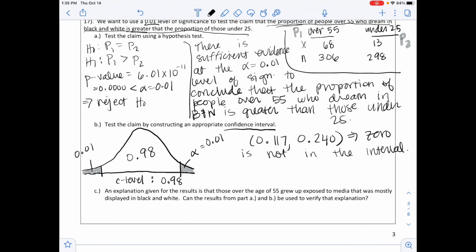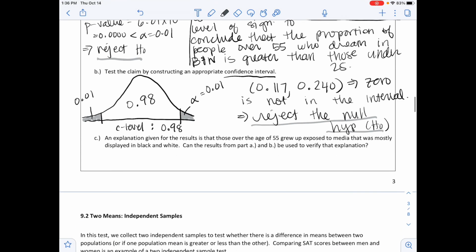So if you look back on page 2, if 0 is not in the confidence interval, then we are going to reject the null hypothesis, or H naught. And so if you look at your conclusion that you would have had here, which is reject your null hypothesis, we had the same thing in part A. Again, one is using the p-value method and the other one is using a confidence interval.